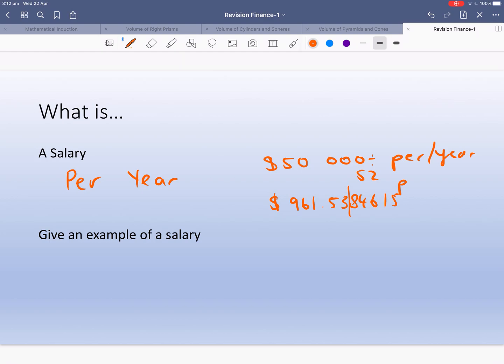So if we put it into money, it is $961.54 per week. So that's what $50,000 per year gets you. It gives you $961.54 per week. So a salary is just per year. You don't get paid anything for doing overtime or things like that. So an example of salary is a teacher.